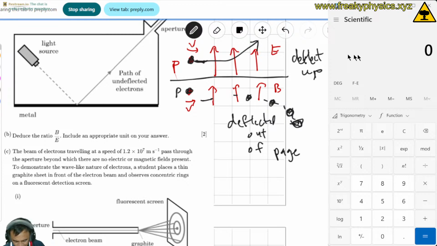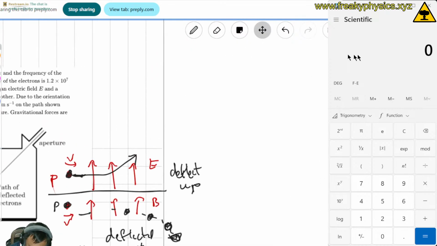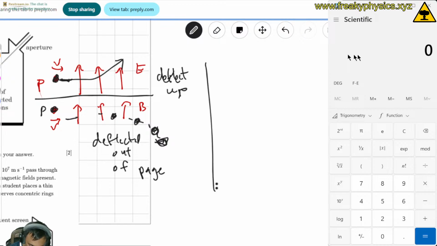Okay? So, here's the thing now before we continue. What if you put an electric field like this? Okay, that's the electric field. And then I'm gonna draw a magnetic field. This time around, I'm gonna be perpendicular, pointing out like this.